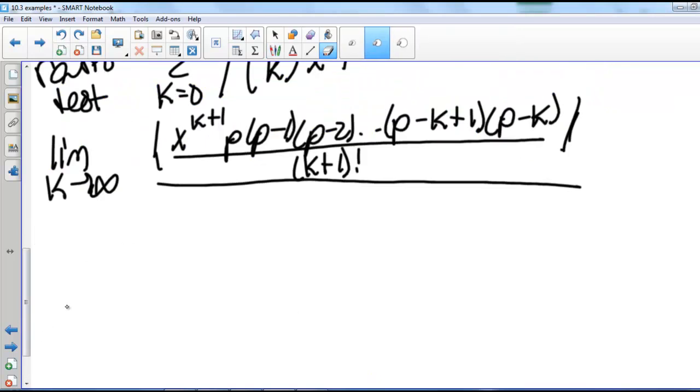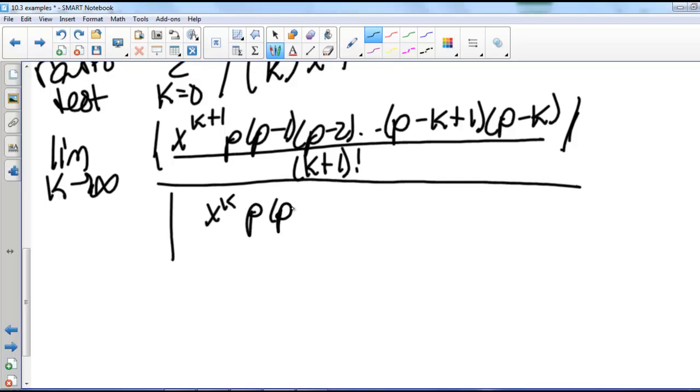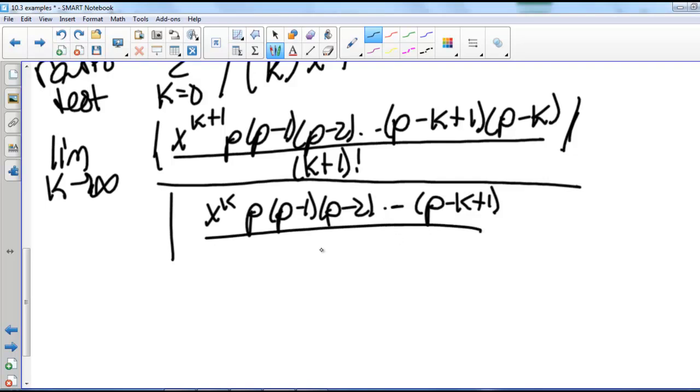And that's all being divided by the absolute value of x to the k times p minus 1 times p minus 2, and so on, up to p minus k plus 1, divided by k factorial.